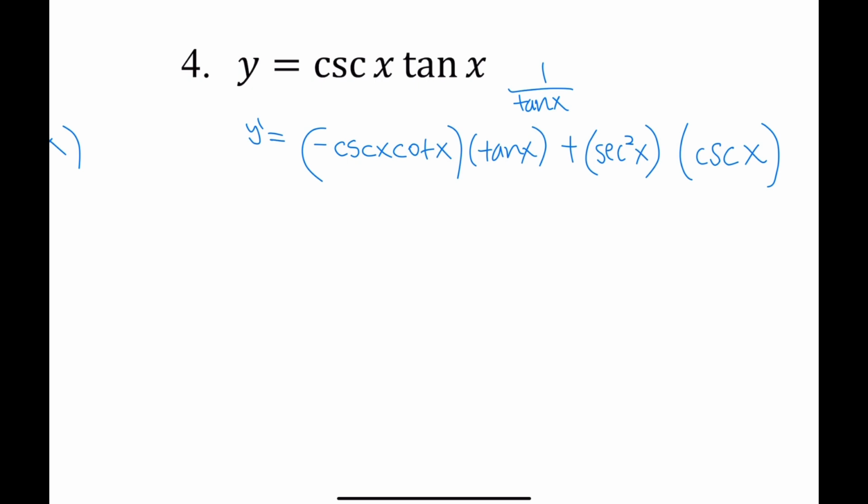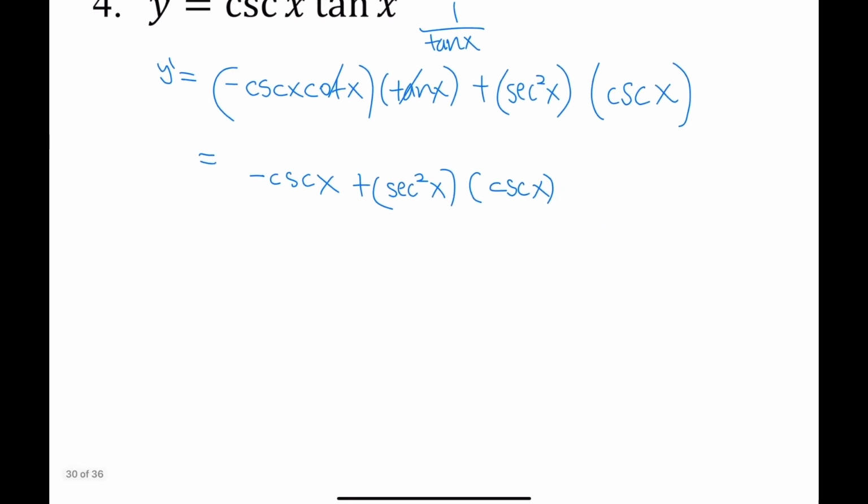So that means this will cancel out to be negative cosecant x plus secant squared x times cosecant x. Let's see if we can simplify this any further. So secant x would basically be cosine squared x over 1 times sine x over 1. So that does not simplify for anything, so we're just gonna leave it like this.